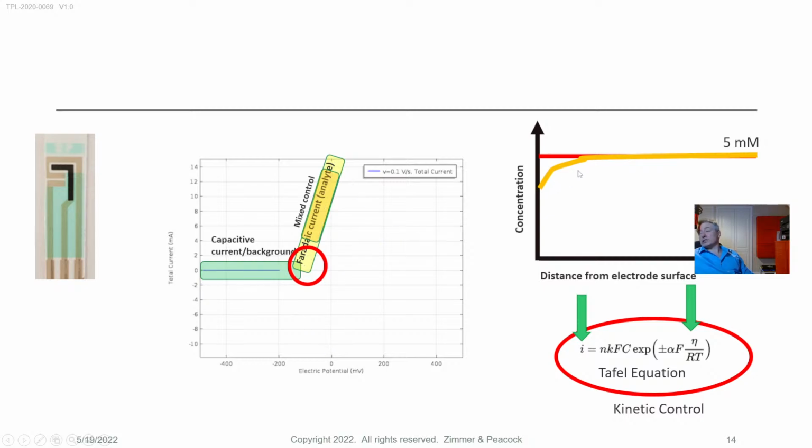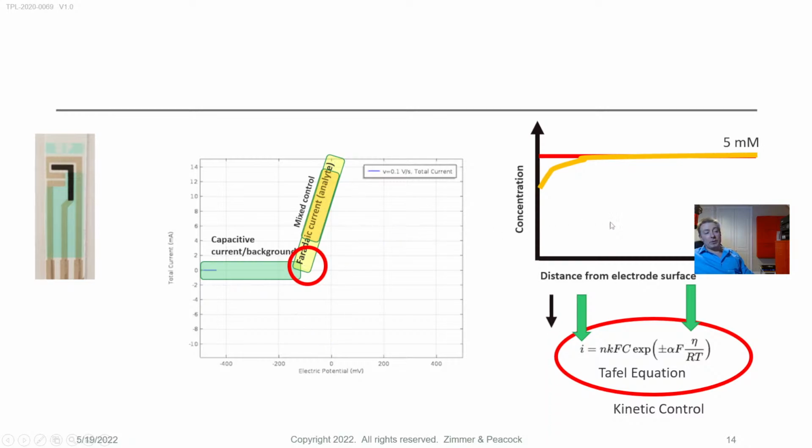Diffusion is a form of mass transport, but it's diffusional control because it's not just the electron transfer kinetics that are governing the current, but we're also depleting ferrocyanide near the electrode, and we're building what we call a depletion zone.